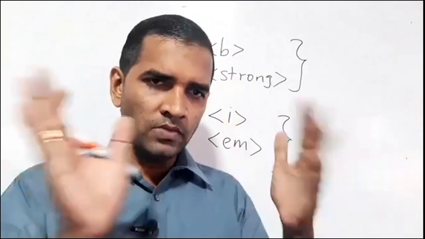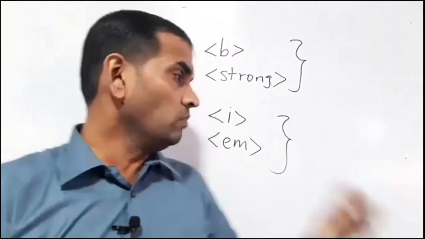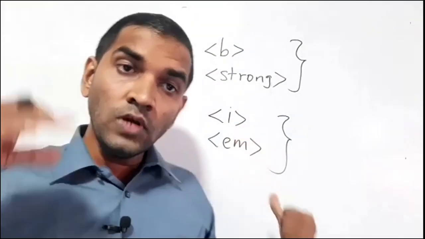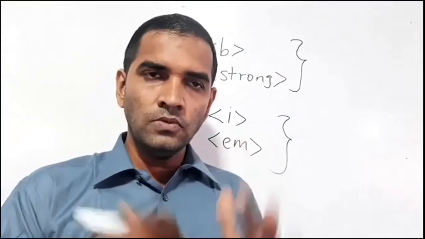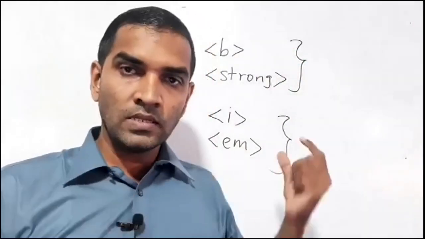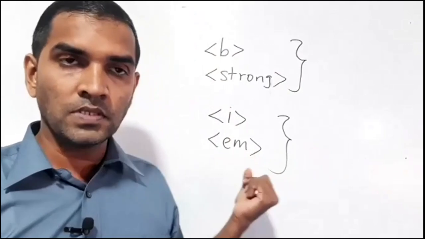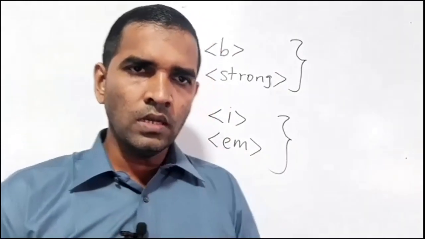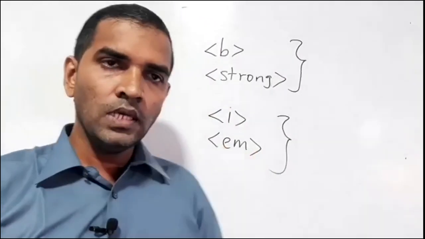You want to display just in italic shape, so go with I, italics. But if you want to emphasize the word, which means give much importance, that's the meaning of EM: emphasize. So if you want to emphasize a word at a particular point, better go with EM.